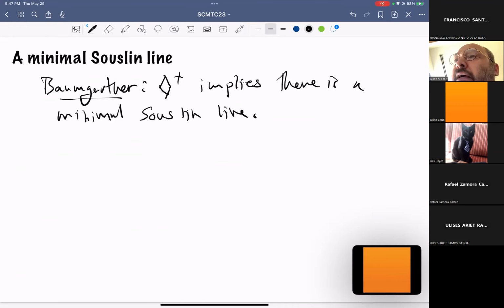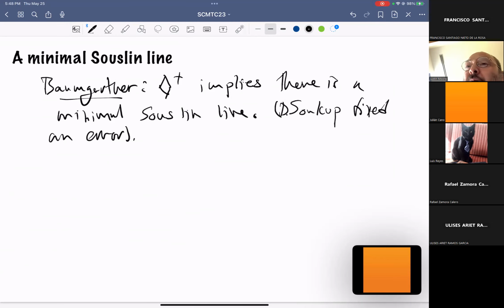And I should note that Daniel Soukup fixed an error here. So there was this mistake in Baumgartner's original argument, and Soukup provided a remedy for that.